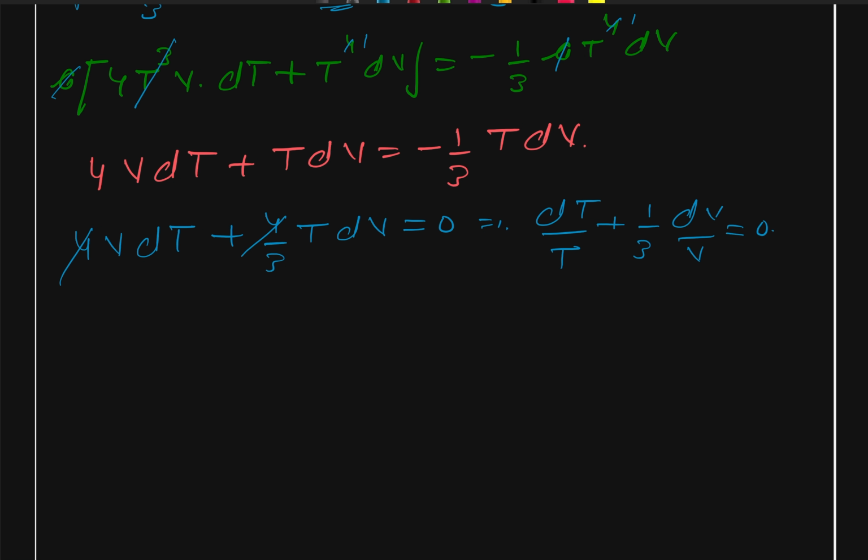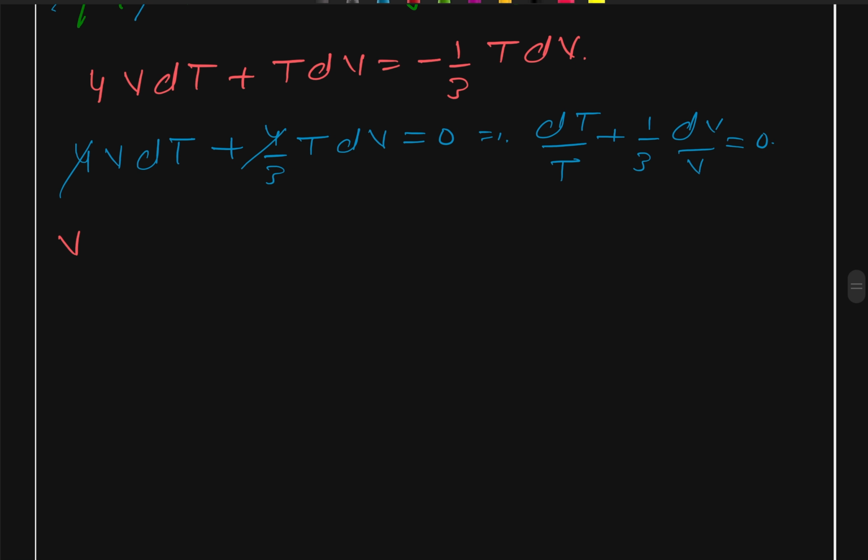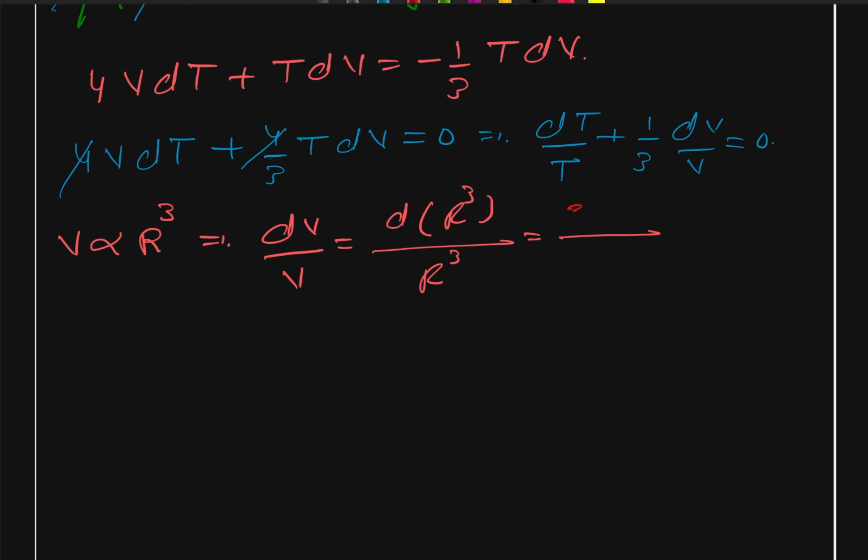And volume we know is directly proportional to our R cube. Therefore, we can write that dV by V will be equal to d of R cube divided by volume, which is R cube. This will be 3R square times dR divided by R cube.